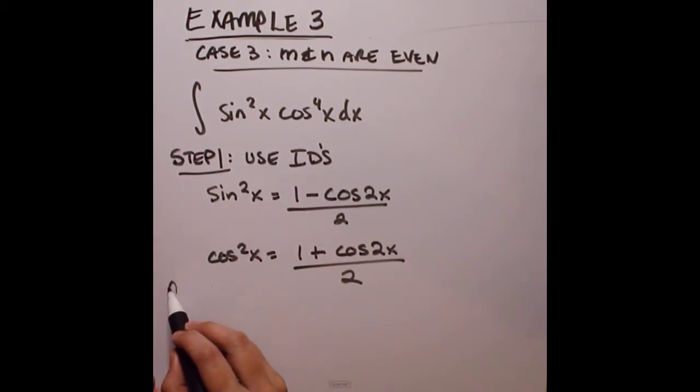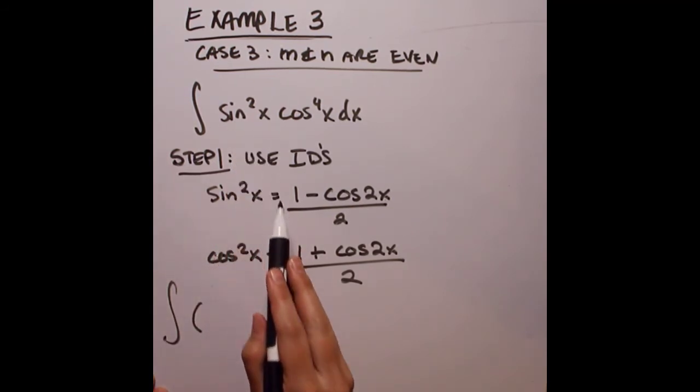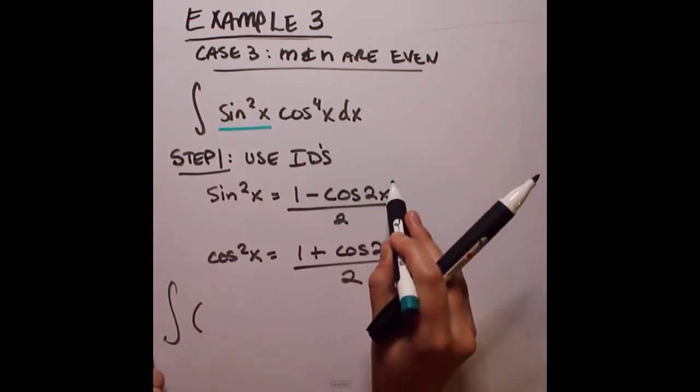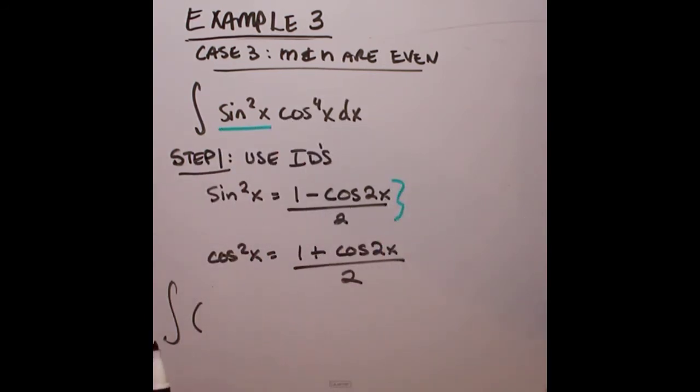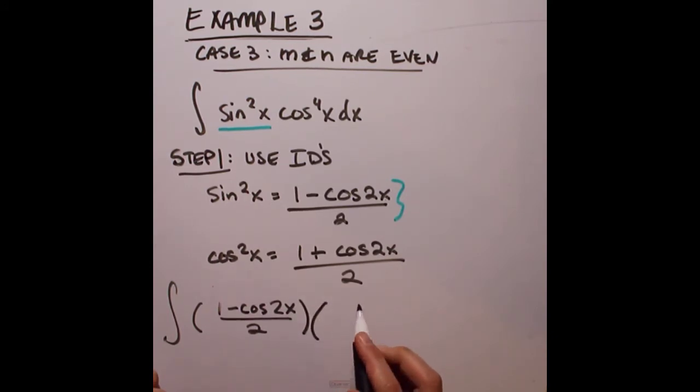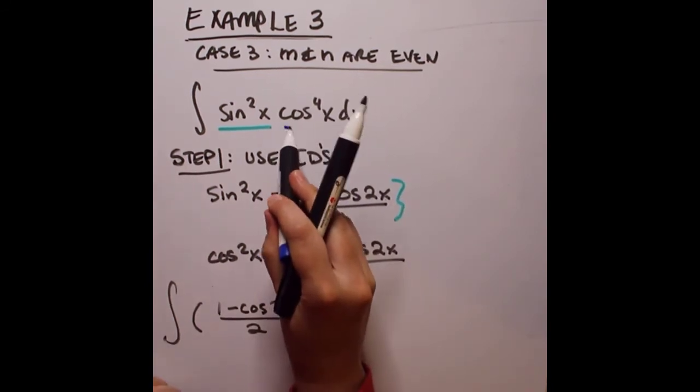So we have the integral of, now where we had a sine squared x, we're going to replace it. Our sine squared x is the same as this quantity here, so we have 1 minus cosine 2x over 2. And then now be careful here. In the back, this is cosine to the 4th power.